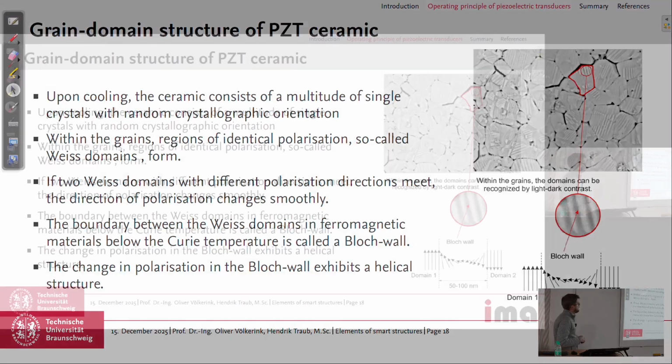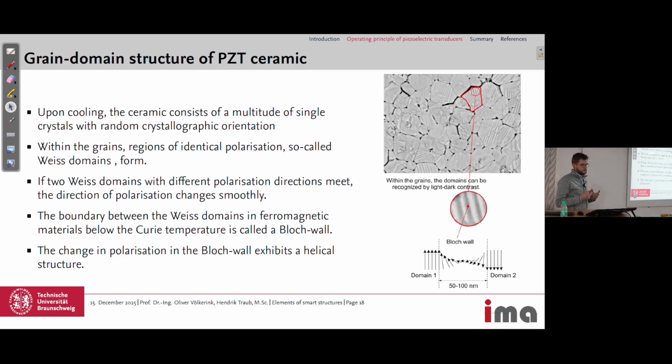If we look at the grain domain structure of this lead zirconate titanate ceramic, upon cooling, the ceramic consists of multiple single crystals with random crystallographic orientation. You can see the crystals here with the black borders in this microsection.